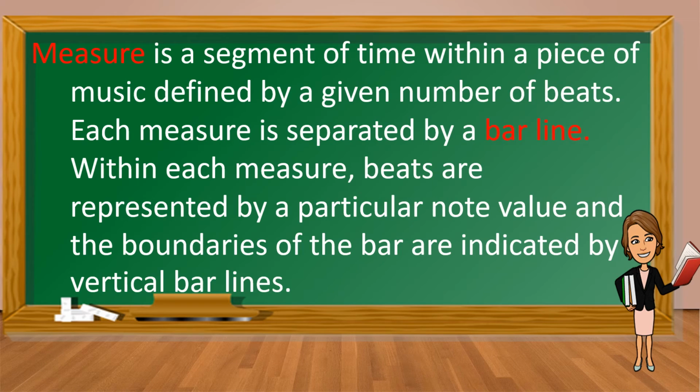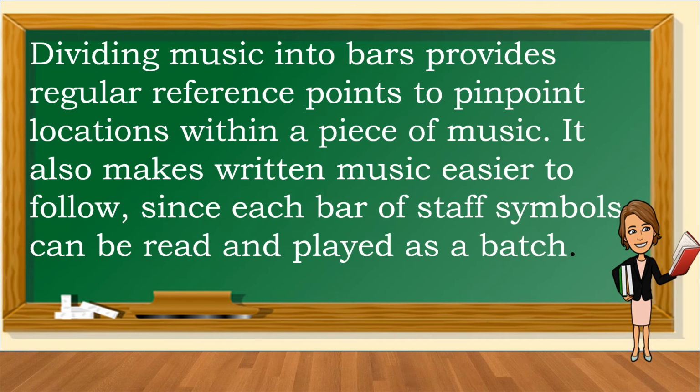So a measure is a segment of time within a piece of music defined by a given number of beats, and each measure is separated by a bar line. Within each measure, beats are represented by a particular note value, and boundaries of the bar are indicated by a vertical bar line.